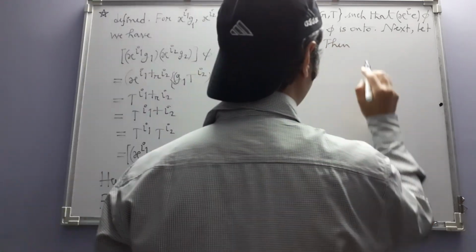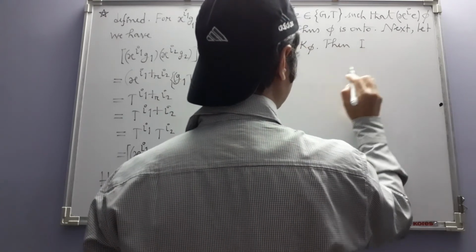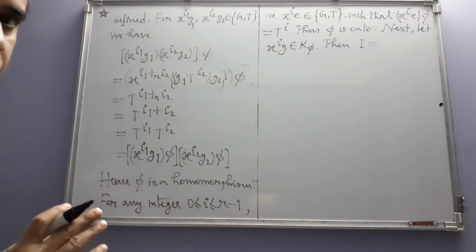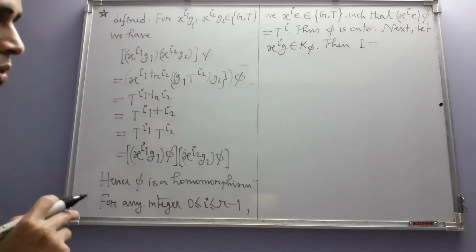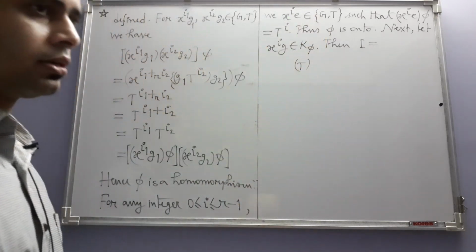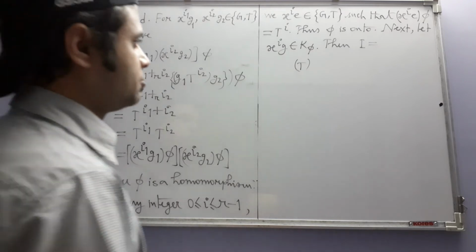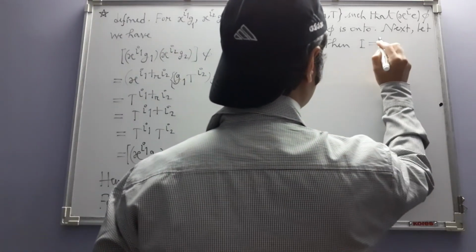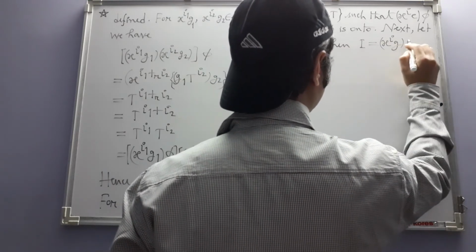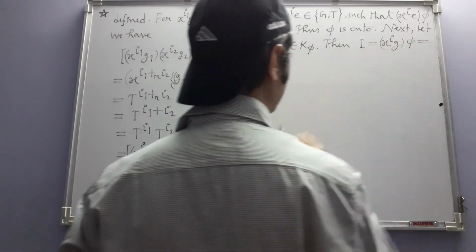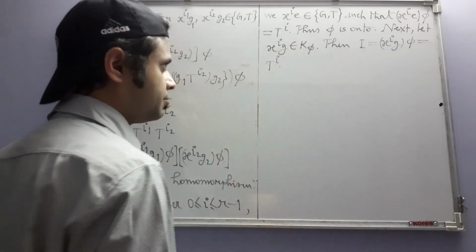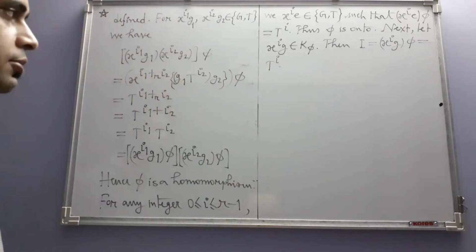Then we should get the identity element, which is the identity automorphism, because phi maps this group into this cyclic group, where the identity is the identity automorphism. This should be the output of this input under phi, which according to the definition of phi is t to the power I.